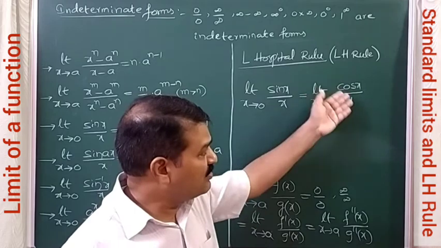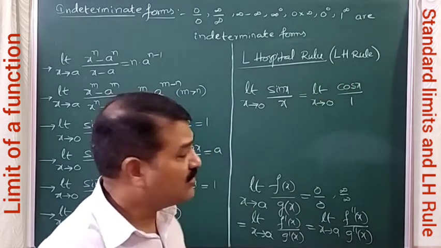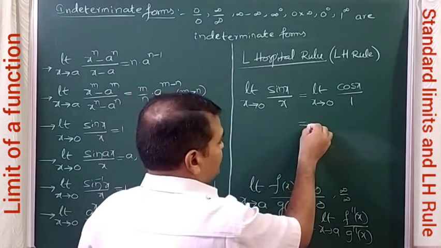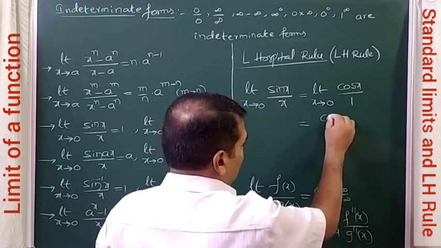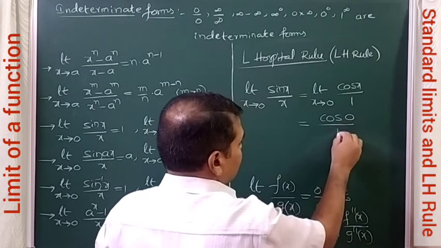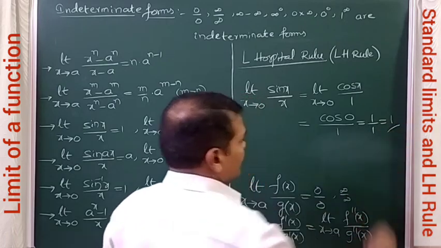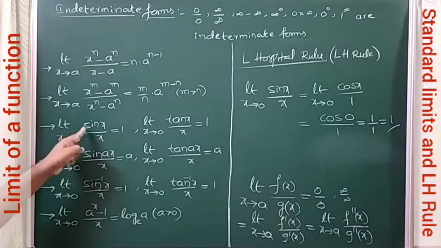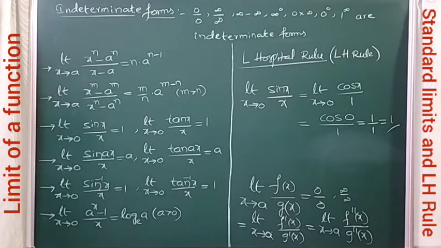We are not getting 0 by 0 or infinity by infinity form. So apply the limit now. When x is taken as 0, you will get cos 0 by 1. Cos 0 is 1, so 1 by 1, your answer is 1. This is the process of proving this standard result.